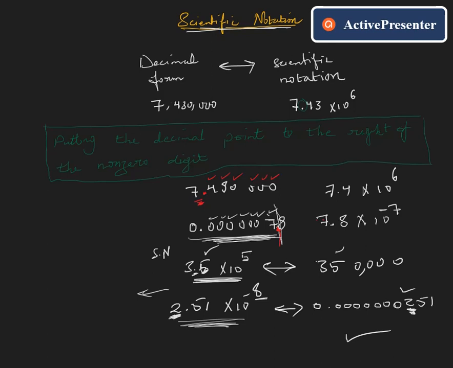As you see, from here to here we have 8 decimal places. And similarly here, from here to here we have how many decimal places? We have 7 decimal places. Okay, and I think this is going to be easy.